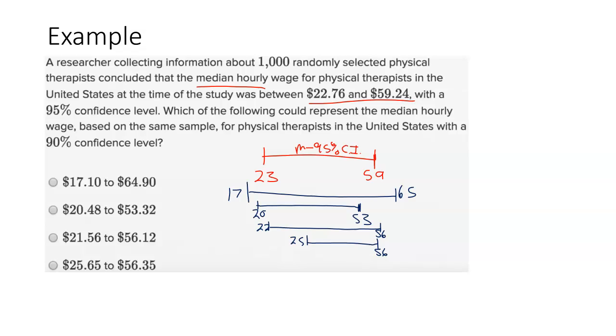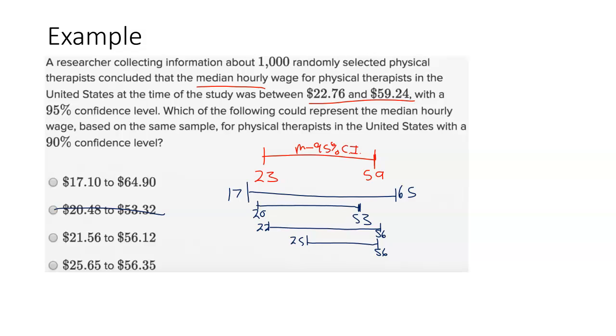What I want you to notice is that for the second and third option, all it did with my data is shift it to the left. 20 is less than 23, 53 is less than 59. That's not changing our confidence interval. That's shifting the data for some other method.